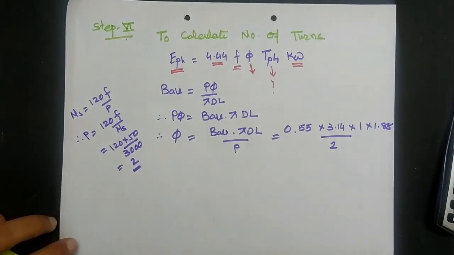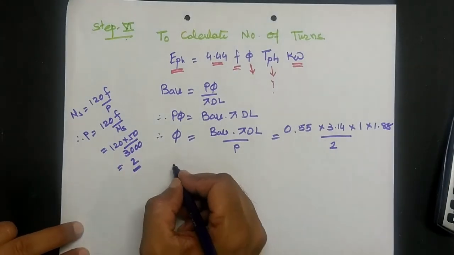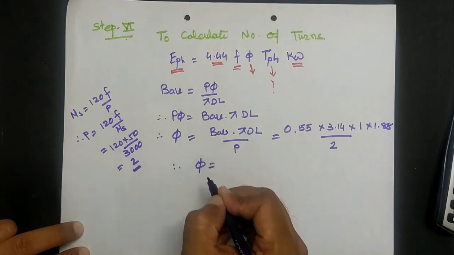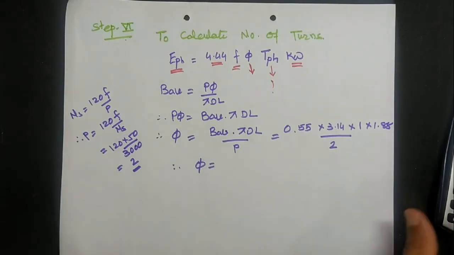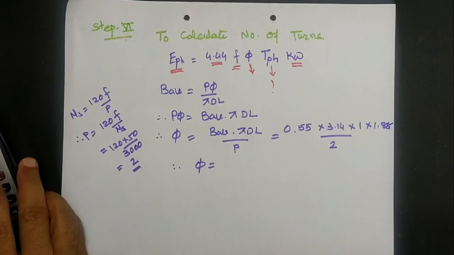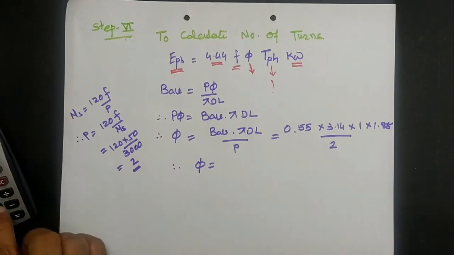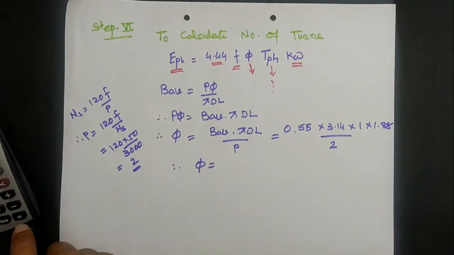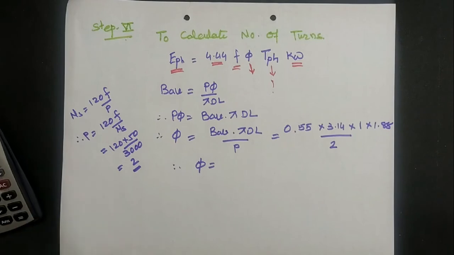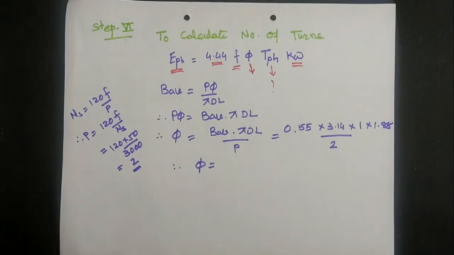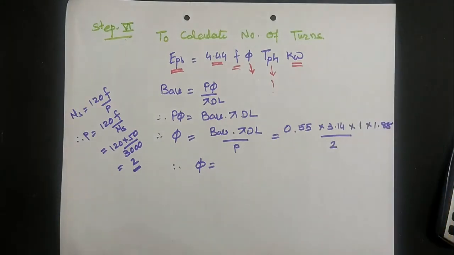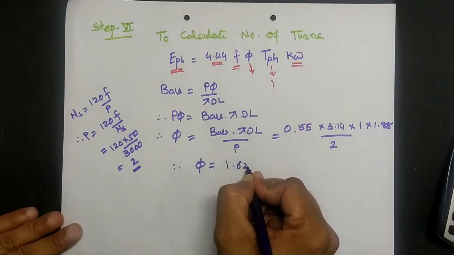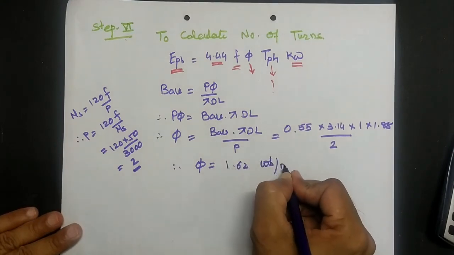This way we can calculate our number of poles, but now we are calculating our flux phi. So based on this equation, it is 0.55 multiplied by 3.14 multiplied by 1 multiplied by 1.88 and divided by 2. So it comes to 1.62. So flux phi is 1.62 Weber per meter square.